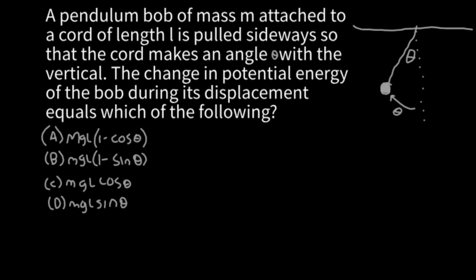Alright, this problem is a little bit trickier. We're looking for the change in potential energy of a pendulum bob pulled back to an angle theta. So we're going to set its position when it's just dangling vertically to be our zero potential energy. Now our change in potential energy is going to be mg times the change in height of that pendulum. So this is going to be the length of the pendulum bob when it's just dangling vertically.